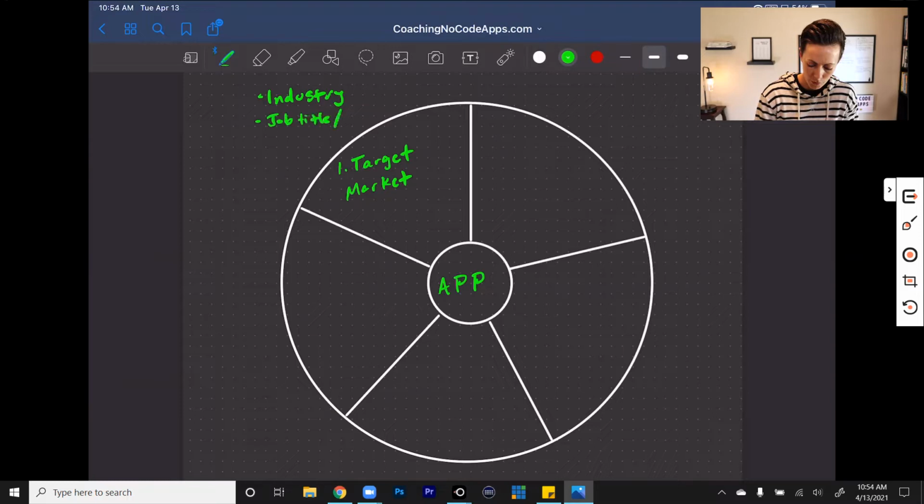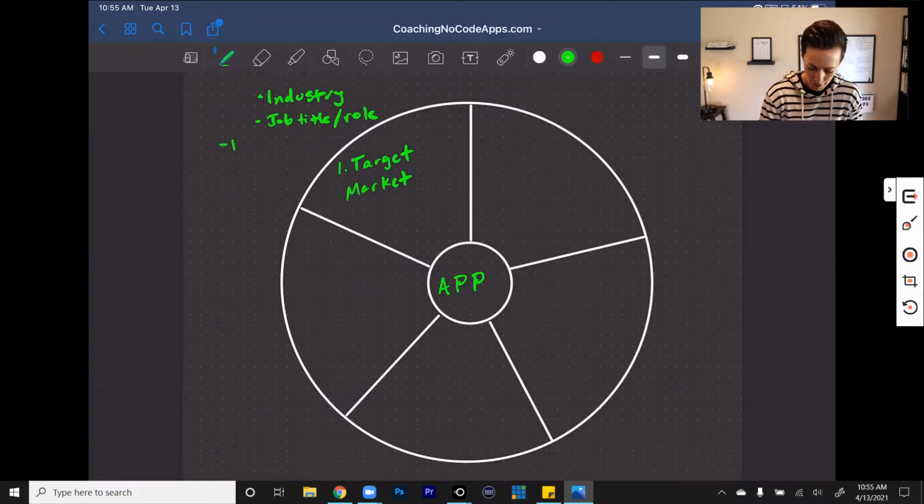Or role. So if your app is business focused, then what industry is it applicable to? What job titles or roles within companies, which people within a company, for example, are going to be using your app? Who would be the users? Who would be the buyers within a company if your app is for other businesses to use, right?